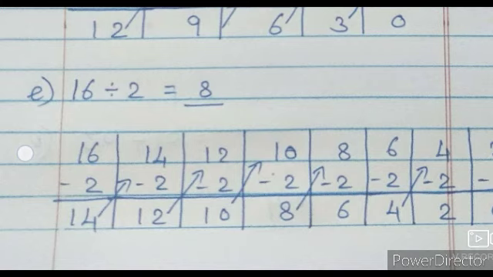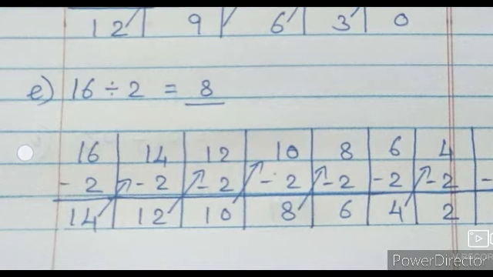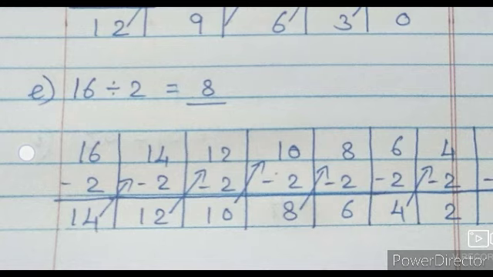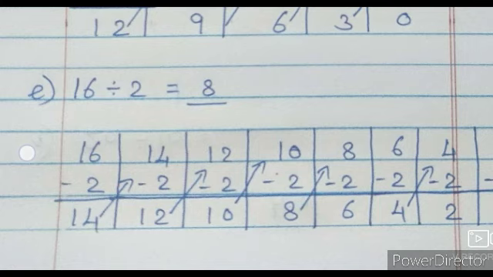13, 12. Again you subtract 2 from 12. Take 12 in the mind. Take 2 fingers before 12, 11, 10. Now again subtract 2 from 10. 10 in the mind. Take 2 fingers before 10, 9, 8.